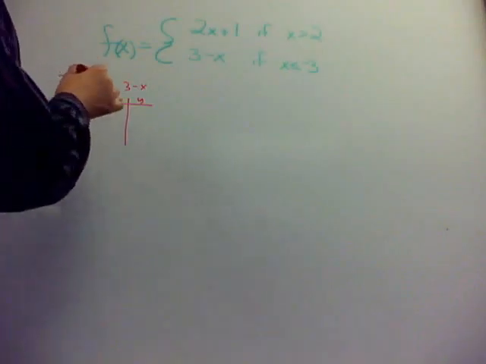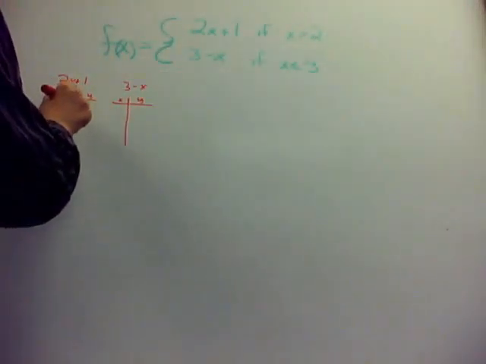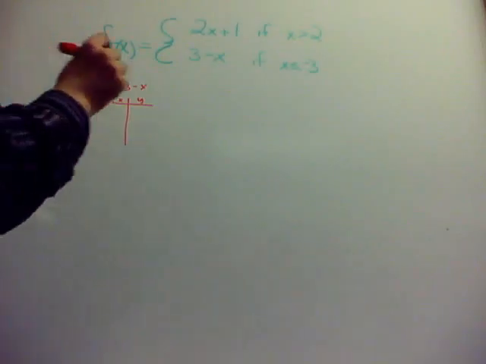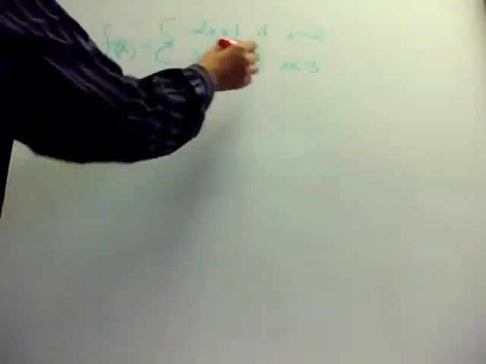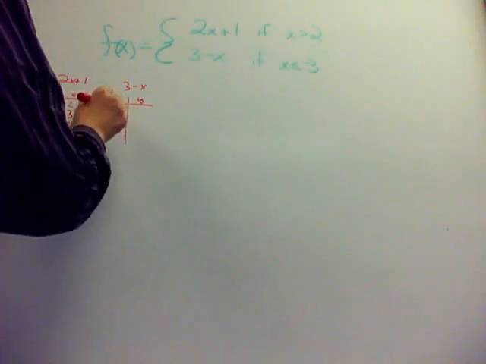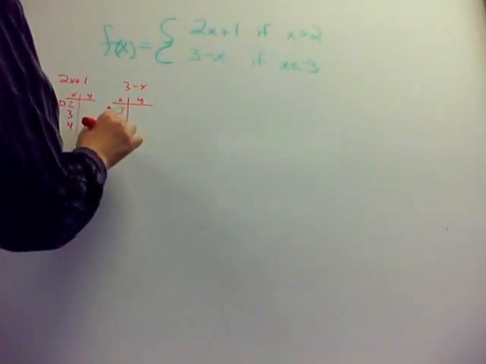For the first one, 2x plus 1, the number is greater than 2: 2, 3, 4. It's an open circle because it's only greater than 2, not greater than or equal to. For the second one, the number is less than or equal to negative 3, so we start at negative 3 with a closed circle: negative 4, negative 5.